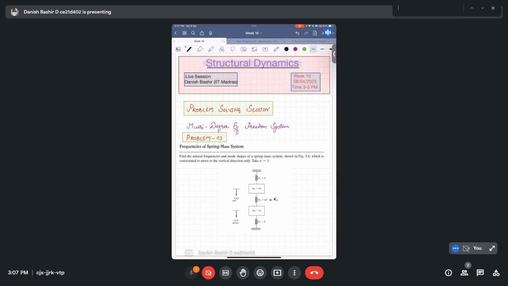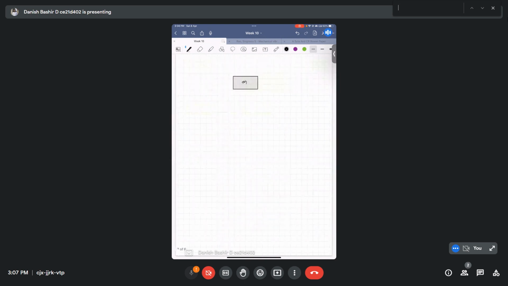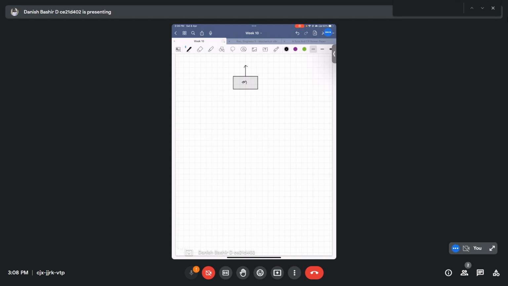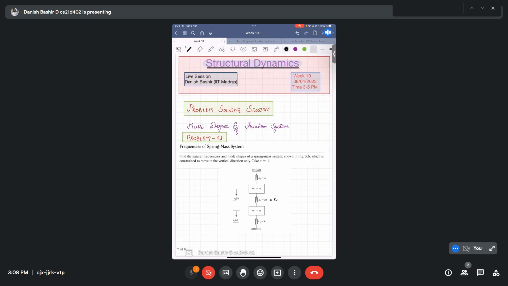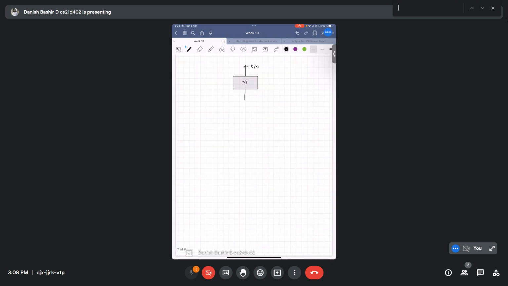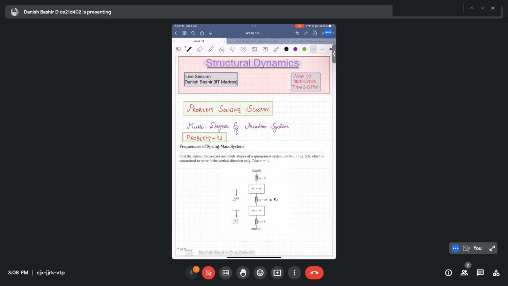When it has displacement downwards, it will have one force like this, k1 x1, and then for k2 it's a relative displacement there, so we will have k2 times (x2 minus x1). I showed you last week.